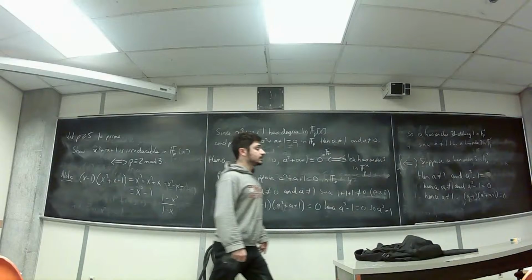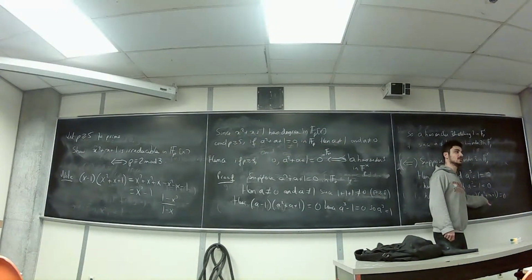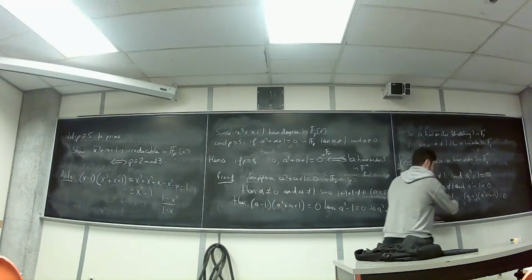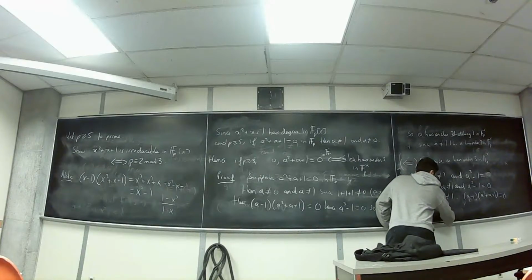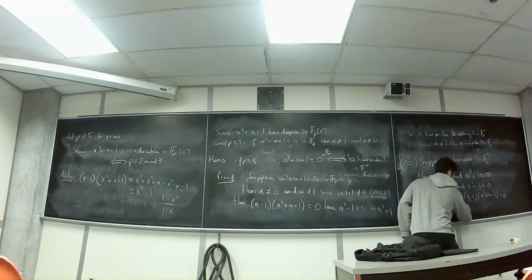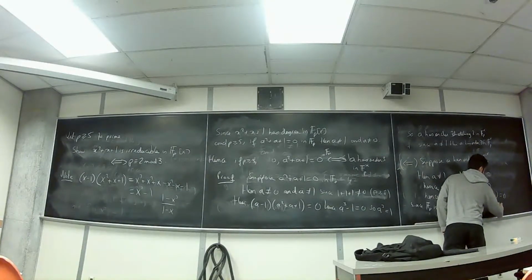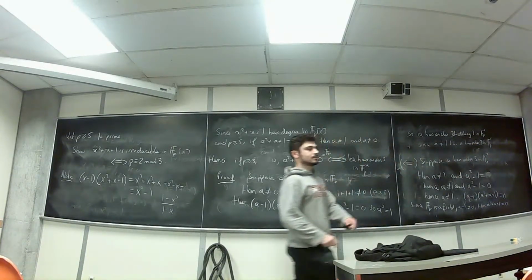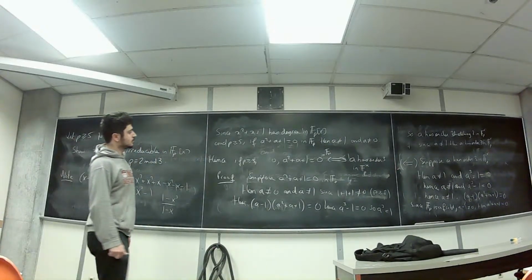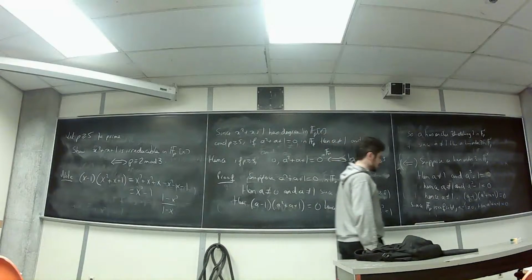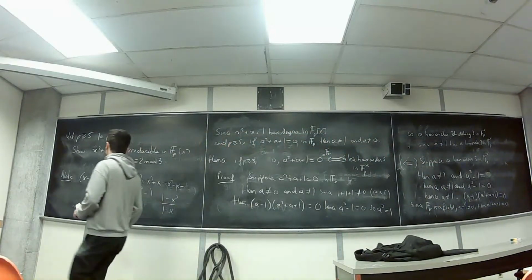Now, since F_p is a field and a minus 1 is non-zero, what can I say about the other factor? Since F_p is a field, and a minus 1 is different than 0, then a squared plus a plus 1 is equal to 0. Okay? And that's the proof. Are we good? Great.